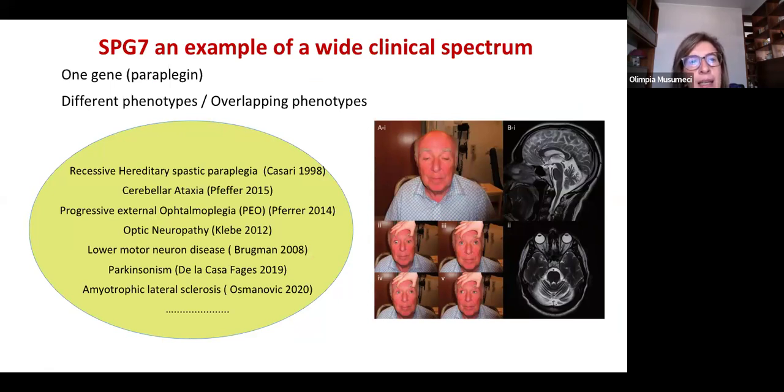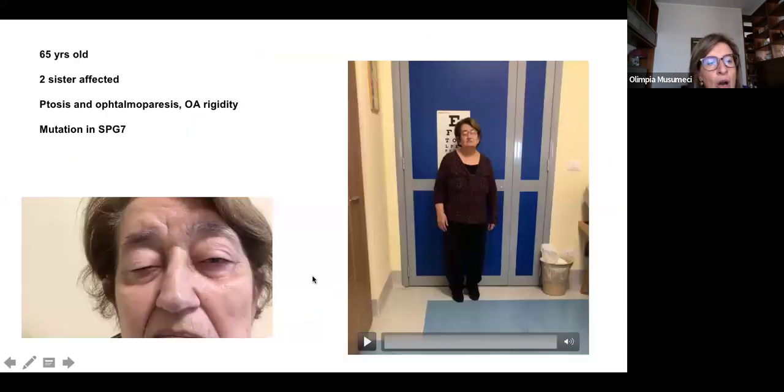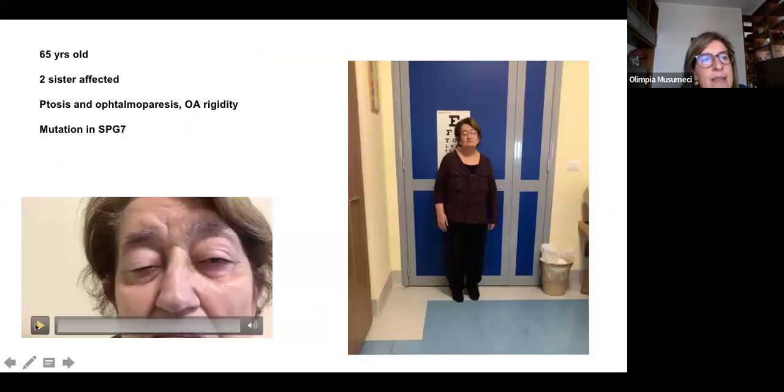It was originally described as due to a mutation in paraplegin associated with hereditary spastic paraplegia, but we already know that variants in SPG7 can present with a wide clinical spectrum, where we can see, of course, hereditary spastic paraplegia, but also cerebellar ataxia and progressive external ophthalmoplegia.